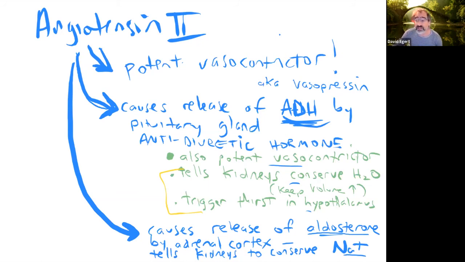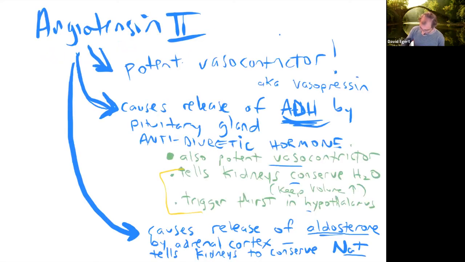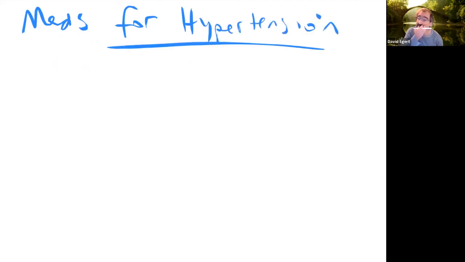And so this is actually going to bring us to a third major drug that's prescribed for high blood pressure, which are the ACE inhibitors. So, different meds people take for hypertension.